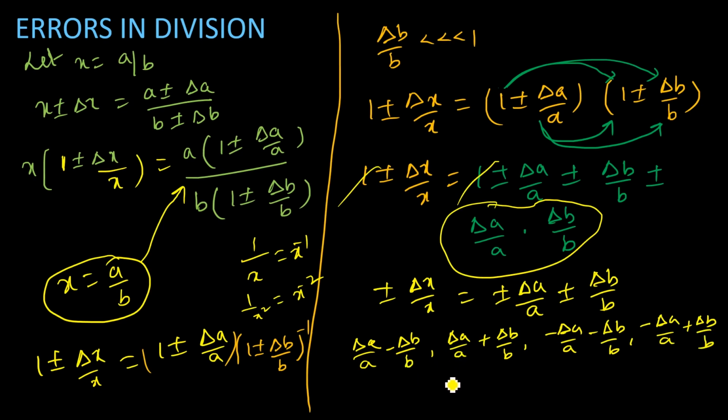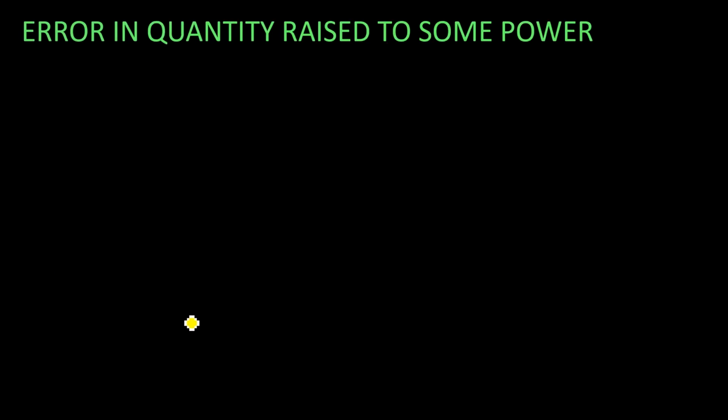The maximum possible error of x is delta x by x equal to plus or minus delta a by a plus delta b by b. Clear? So these are errors in division. See carefully, and you can rewind the video to check.